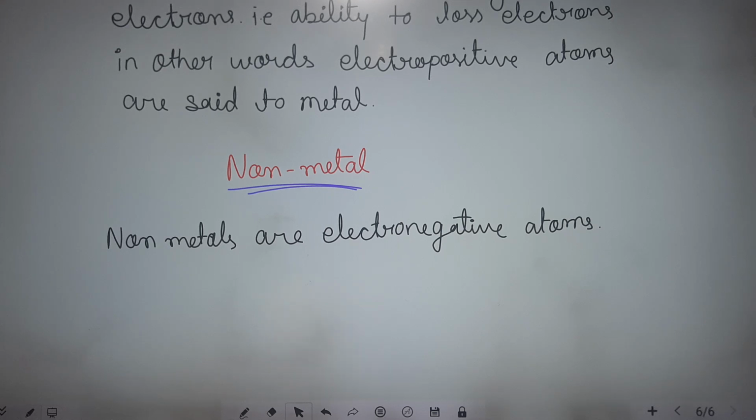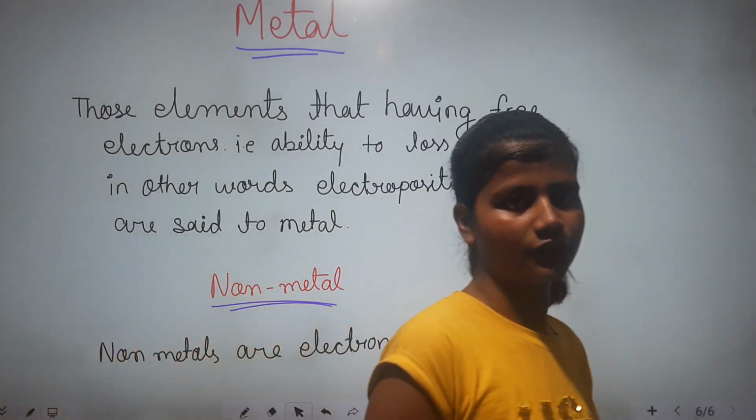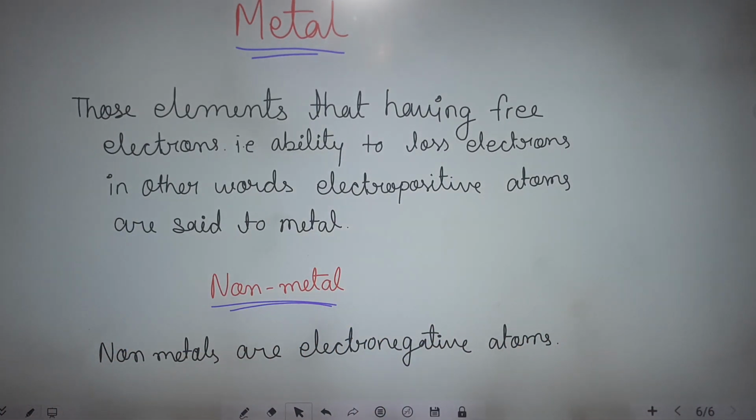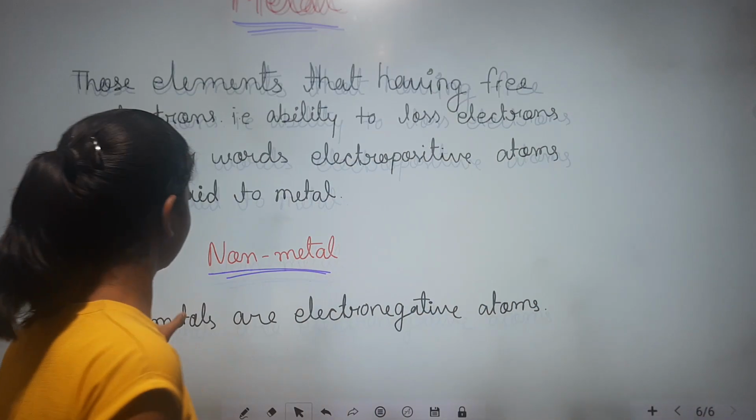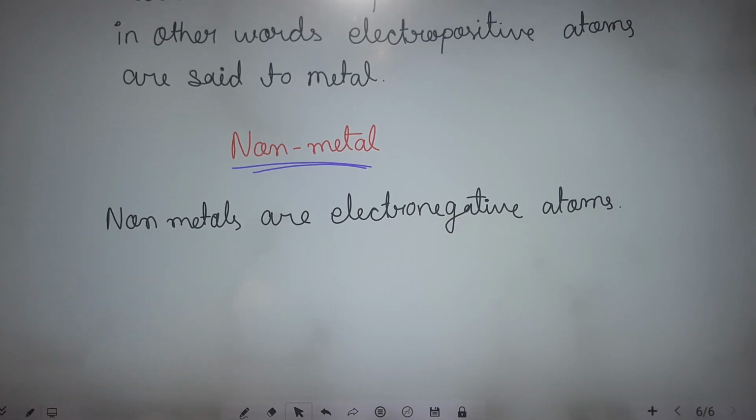Those elements having free electrons, or you can say the ability to lose electrons, and in other words electropositive atoms are said to be metal. And what is non-metal? Non-metals are electronegative atoms. Electronegative atoms are said to be non-metals.